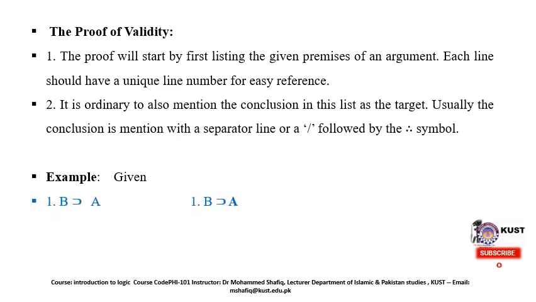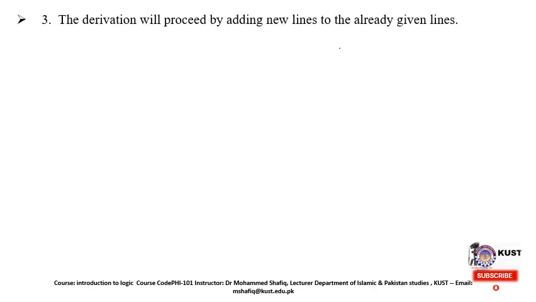For example, if we say if B then A, the second premise says B, and the conclusion says, therefore, A. So A will be written as three dots and A. The derivation will proceed by adding new lines to the already given lines.